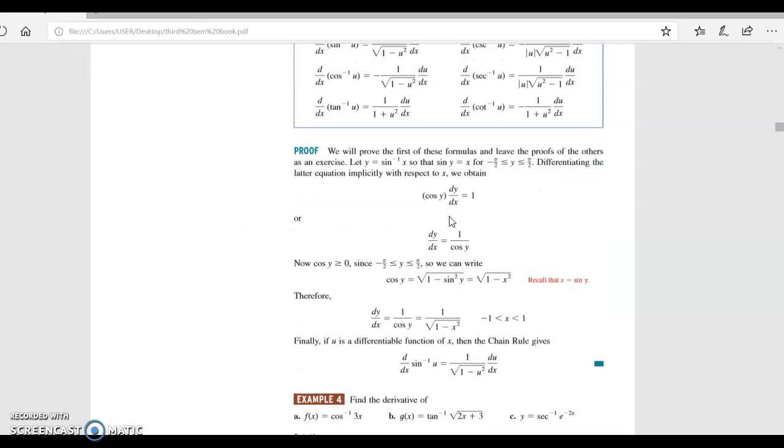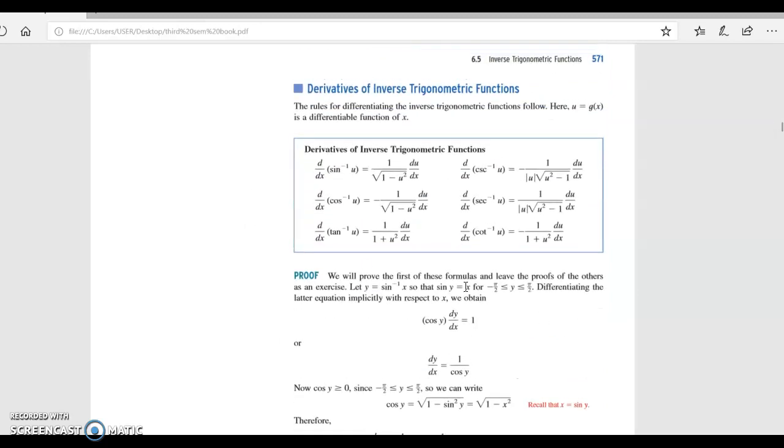How will you prove this? Look at the first one: y equals sine inverse x, so sine y equals x for the interval. Differentiating with respect to x, cos y dy by dx equals 1.